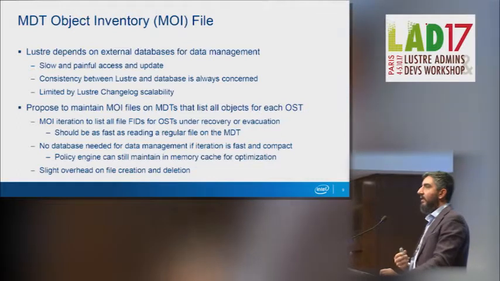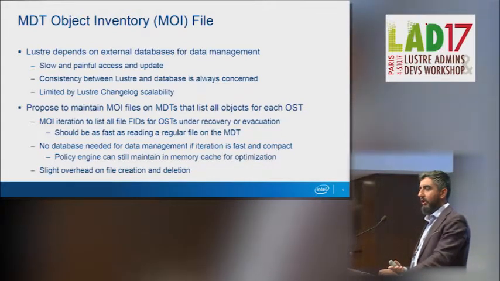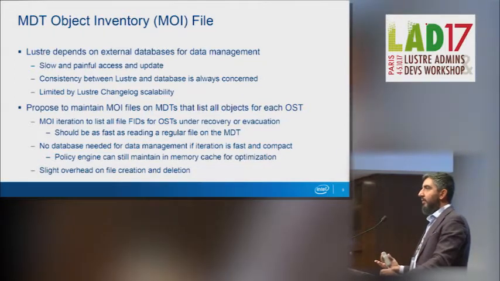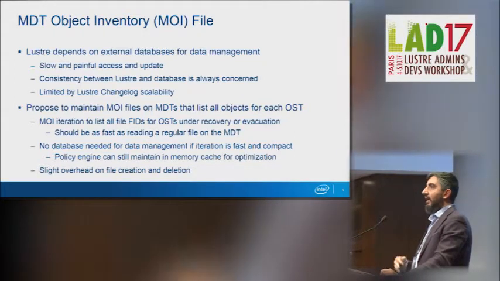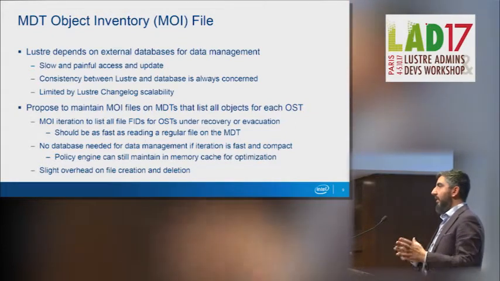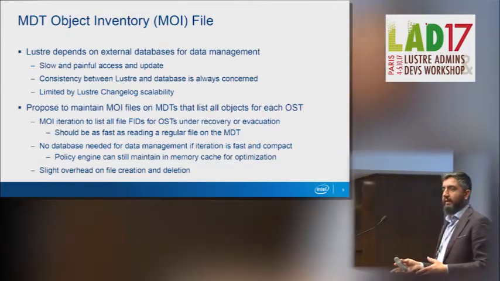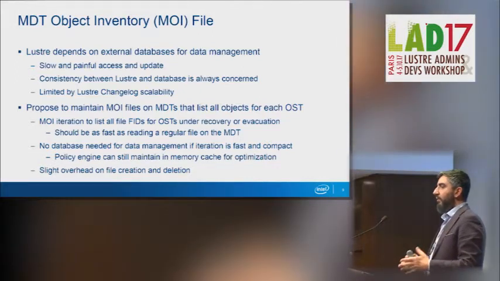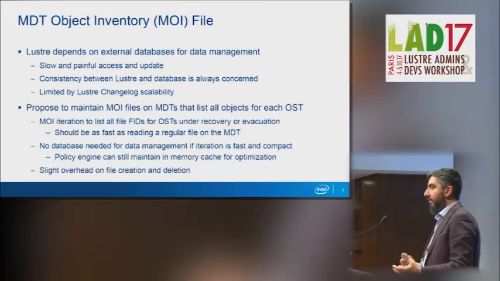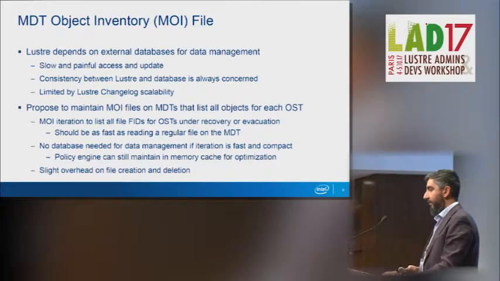But we need a lighter policy engine compared to what we have with, for example, Robinhood, because Robinhood is targeting a different kind of job, an accounting job, a more complex activity with a lot of information about the behavior of your users on your file system. Instead, this should be something very, very light that does not impact the performance of your file system a lot.